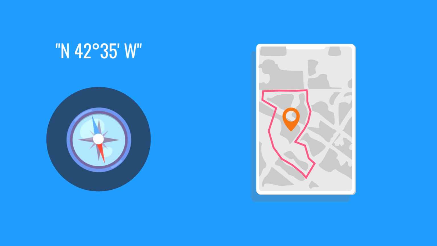If you want to walk the boundary in the opposite direction, simply exchange N for S and E for W. In the previous example, N 42°35' W becomes S 42°35' E. And just like that, you are walking the boundary backwards.